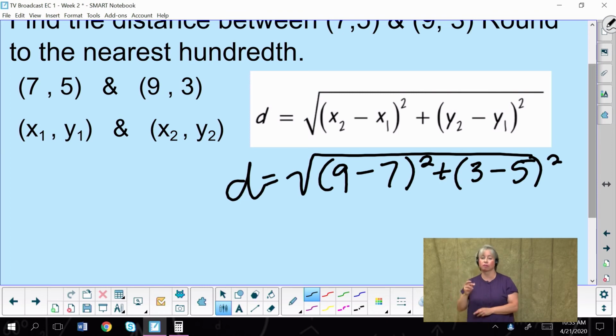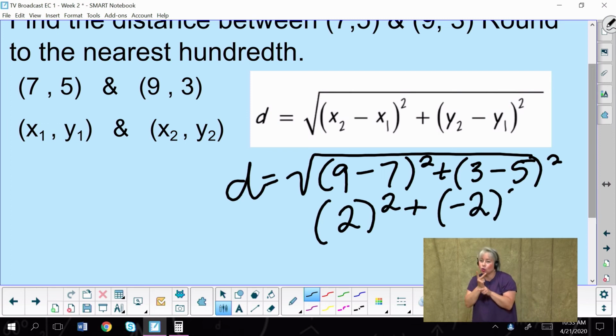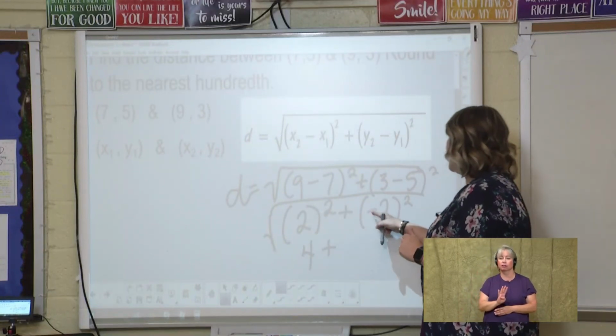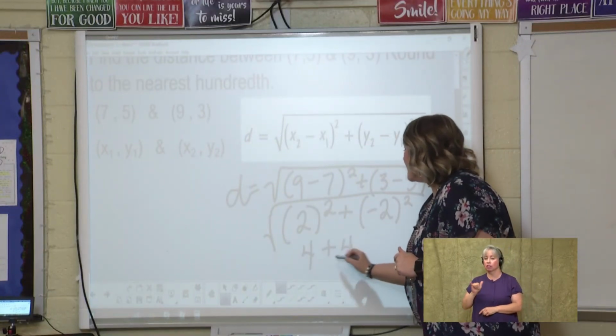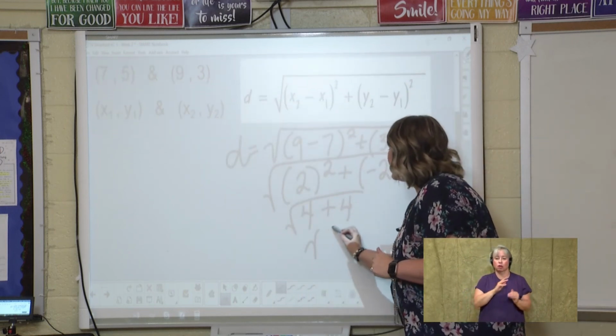Y'all ready to go quick? We got 2 minutes. Here we go. 9 minus 7 is 2. When we go quick, we might make a mistake. 3 minus 5 is negative 2. And 2 squared is, good job, 4. And negative 2 squared is also 4.